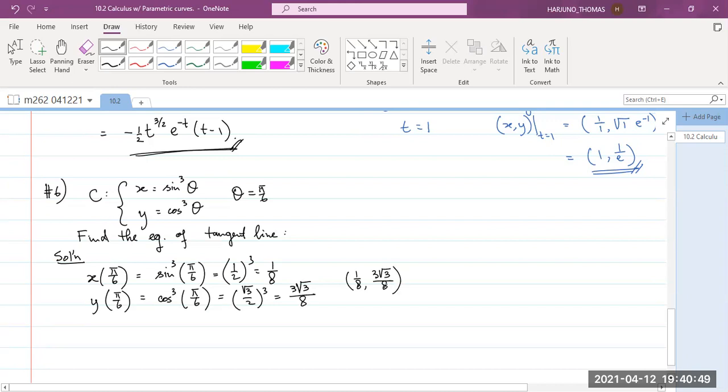Next, we need the derivative. So dx/d theta is 3 sine squared theta cosine theta.